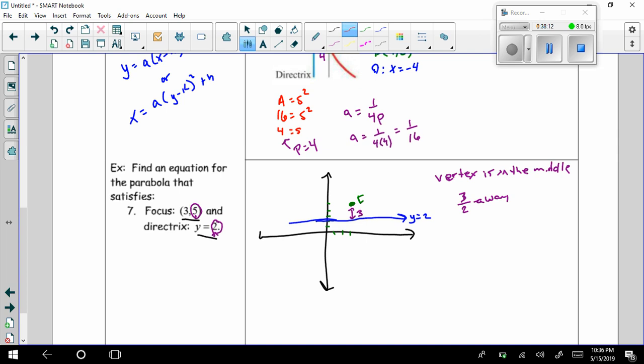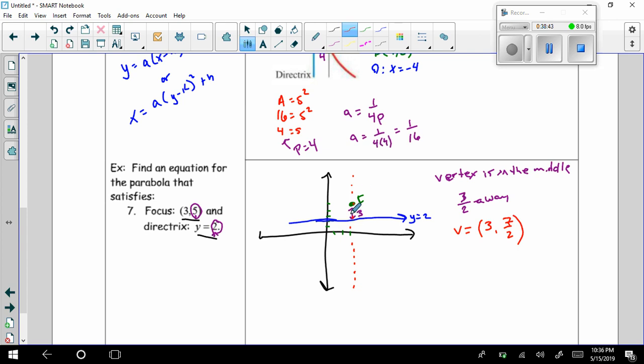So your vertex will be at, the x will be the same. It's going to be right along this axis of symmetry. Up from 2 is 3.5. Let's write that as 7/2.